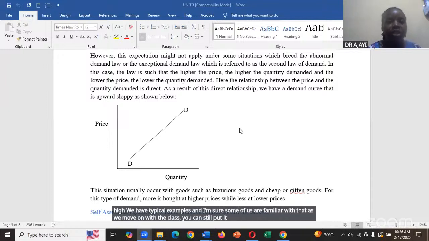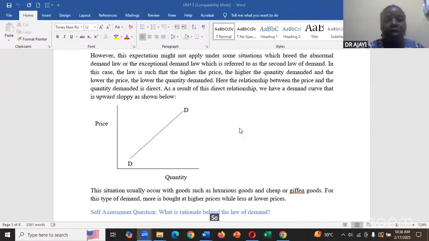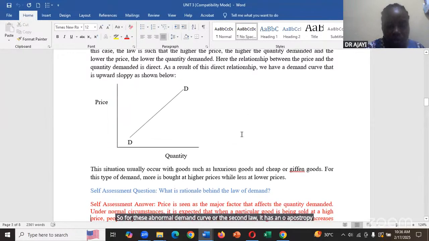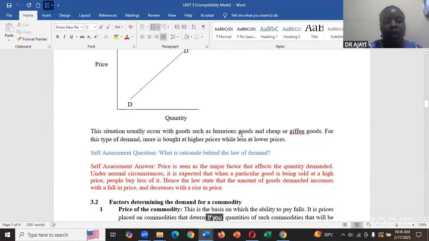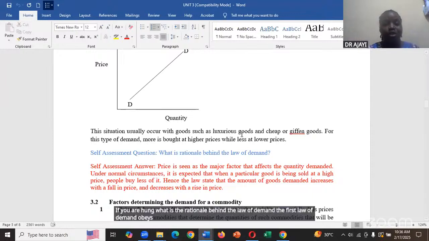I will check it later. So this abnormal demand curve, or the second law, is upward sloping. If you are asked what the rationale behind the law of demand is, the first law of demand obeys the normal demand curve, but the second law of demand, or the abnormal circumstances, makes it otherwise.